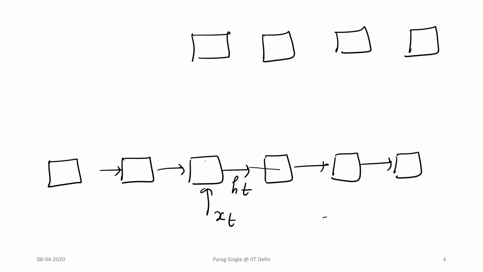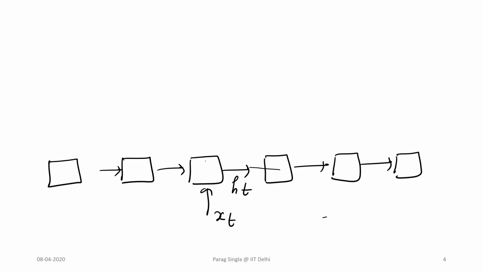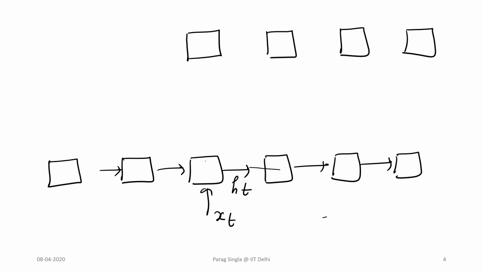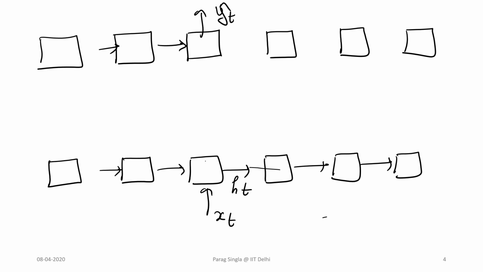Let me redraw them to align them with the corresponding inputs. At time t the output that we produce is yt hat, and there is also a sequence of hidden states being maintained, denoted by qt minus 1 and qt, and so on, and at different time steps we produce the output yt plus 1 hat, and so on.